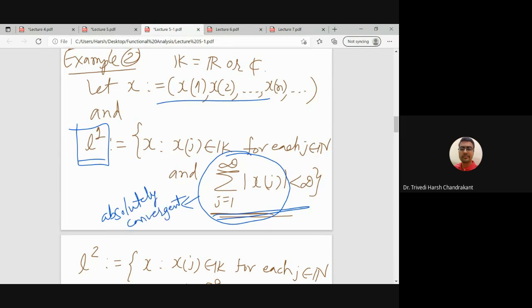If you remember the notion of absolute convergence, if you have a series xn, written as the sum of xj, j from 1 to infinity, this series is absolutely convergent if the sum of its moduli is finite, not infinite. So L1 contains all the sequences for which the corresponding series is absolutely convergent.